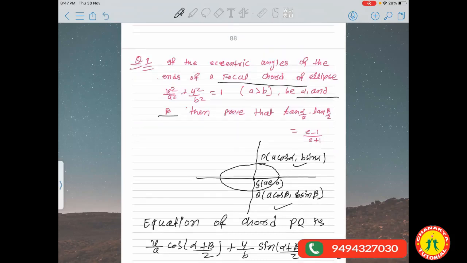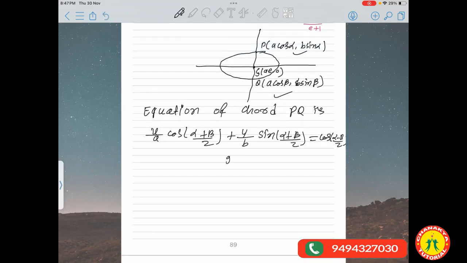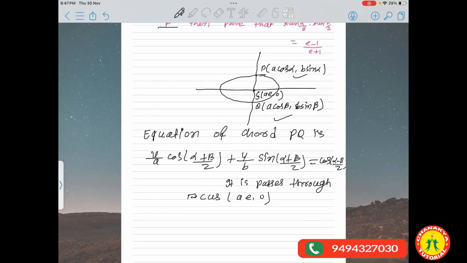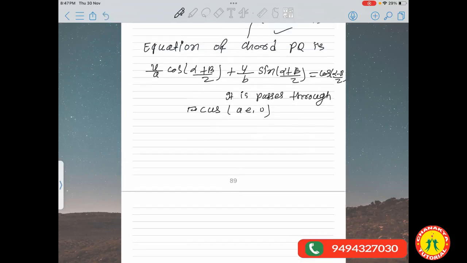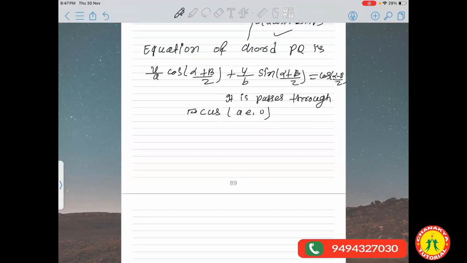So the endpoints of the focal chord are P and Q, and the chord passes through the focus, that is (ae, 0) for this ellipse. Now put x equal to ae and y equal to 0. We get ae upon a cos of (alpha plus beta) by 2 plus 0 equal to cos of (alpha minus beta) by 2.